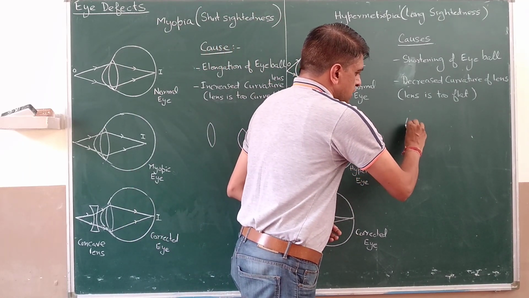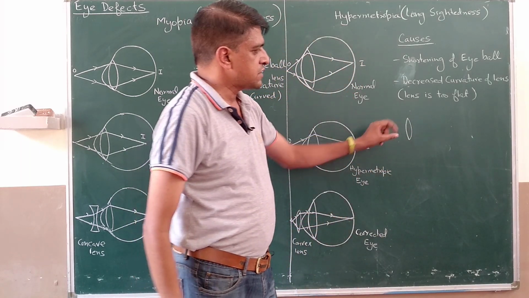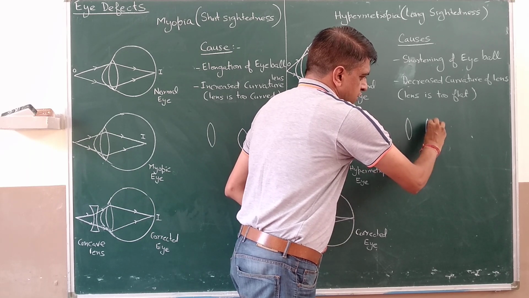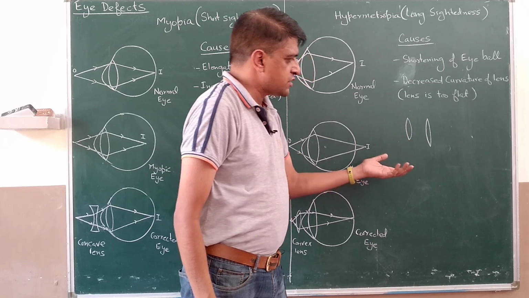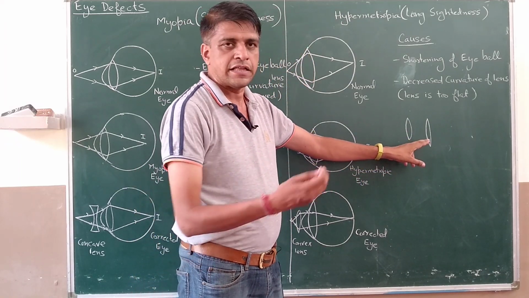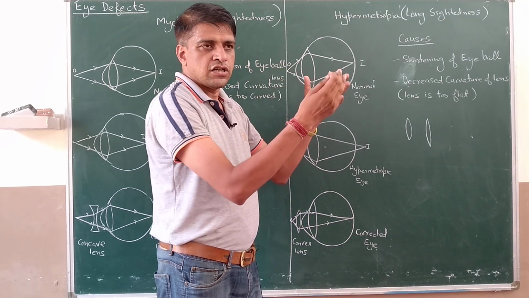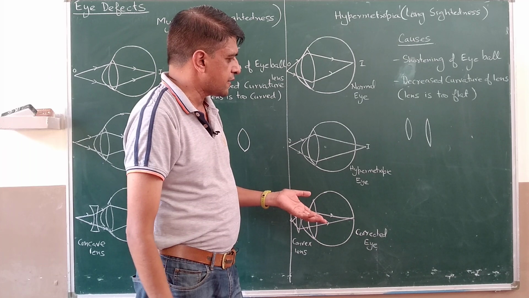Decreased curvature means the normal curvature of your lens is this, and in this case the curvature decreases, the lens becomes too flat, and if the lens becomes too flat, its focal length increases, and you are able to focus the distant object clearly, but nearby objects cannot be seen clearly.